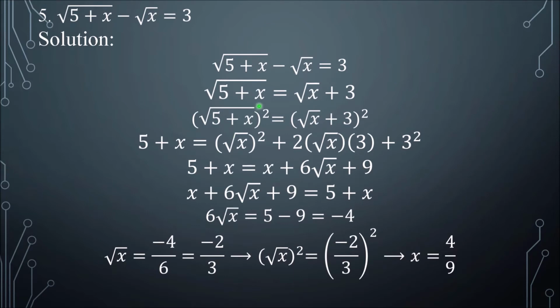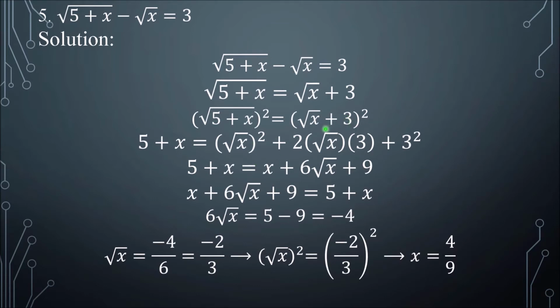So square both sides, square root of 5 plus x squared, and then square root of x plus 3 squared. Now squaring this will remove the radical sign, that will be 5 plus x.